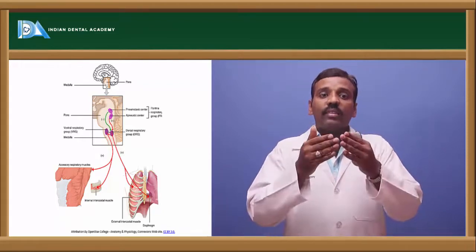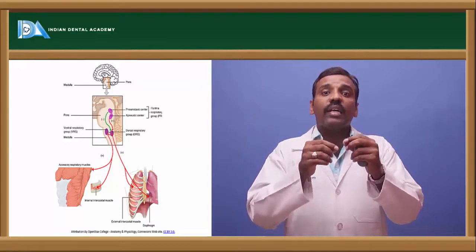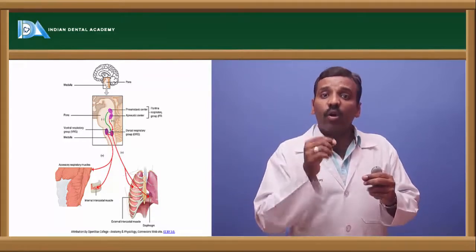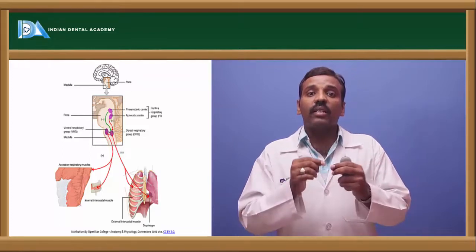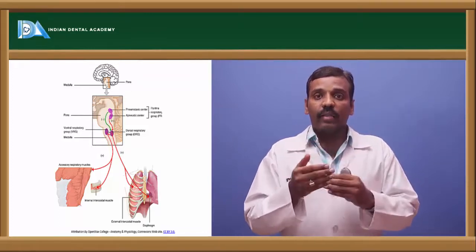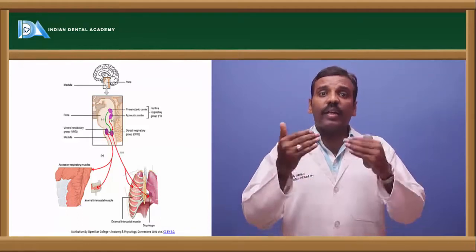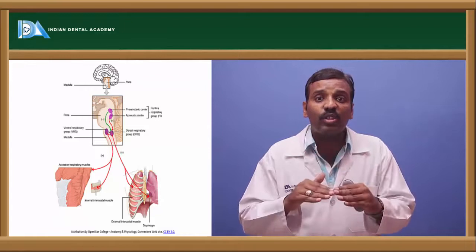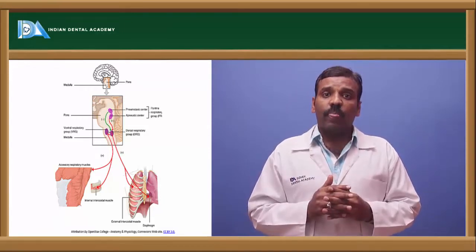So there is exchange, inhibition and activation of the dorsal group of neurons and the ventral group of neurons accordingly. When the dorsal groups are activated, there is immediate suppression or inhibition of the ventral group of neurons.